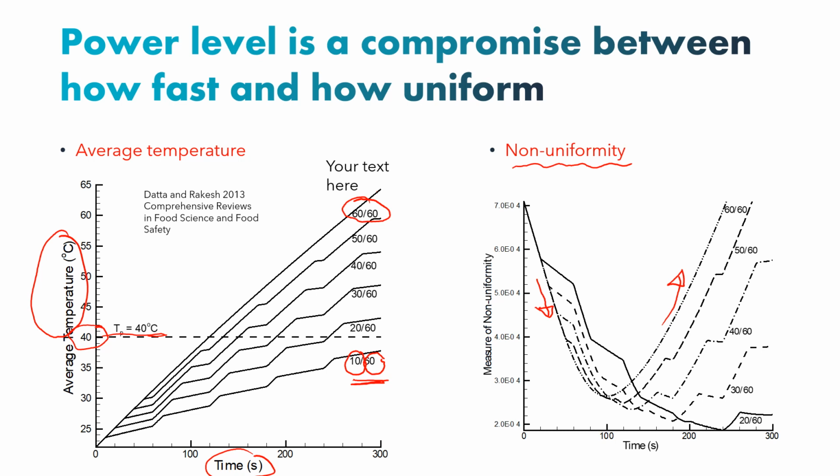And so if we look at, let's say, the fastest heating, the non-uniformity never goes below this level. So in general, this fast heating is going to be the most non-uniform. That's the general trend. And so for slow heating, on the other hand, you can go to very low level of non-uniformity.